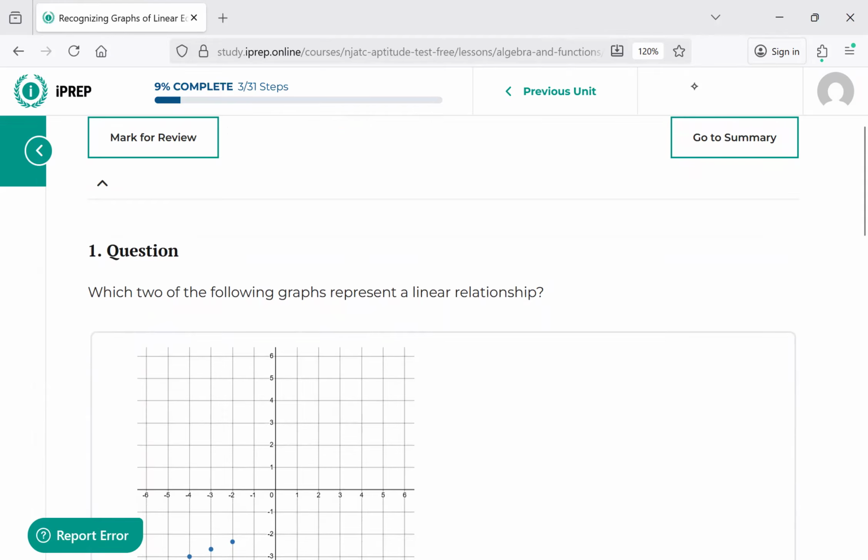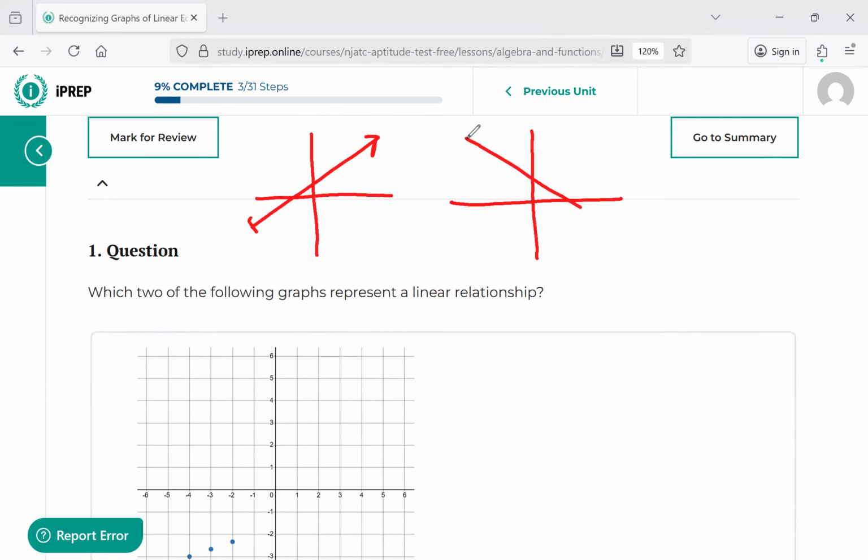Believe it or not, there are several ways a linear function can look. It can look positive like this, and see how it's going completely straight, like a straight line? It can also go completely negative, like this.